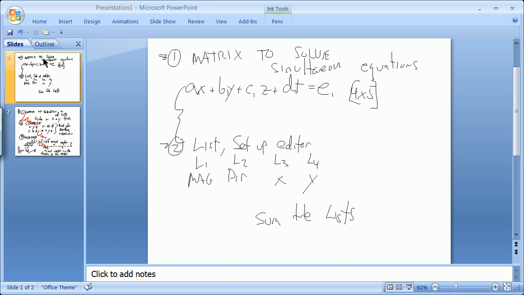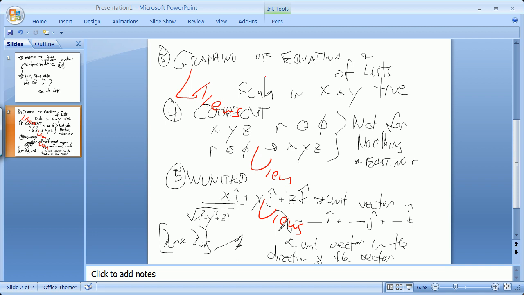So I got, so far, matrix to solve simultaneous equations. We have, in fact, graphing of equations and graphing of lists using coordinate convert, without thinking, without even worrying about it, because one great thing that coordinate convert does is it puts things into list R1 and list V1, and then you can put those things into maybe list U1 or list U or list V. So this is a great one because it kind of pre-calcs some of your vectors.